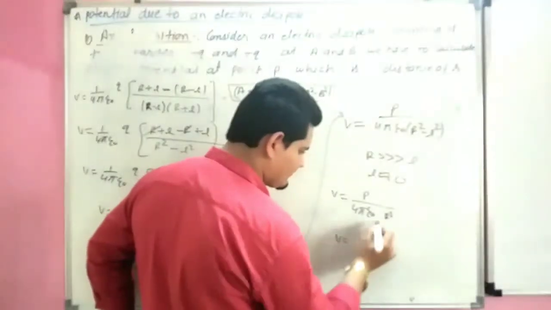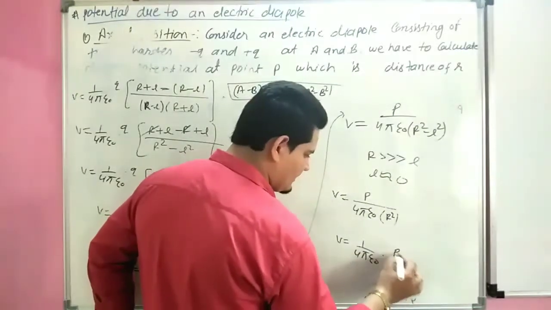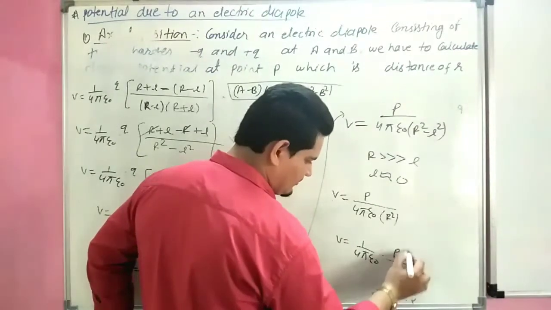So we can write 1 upon 4 pi epsilon naught p divided by r square.